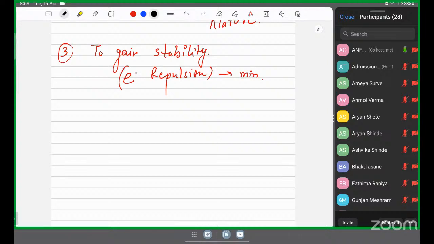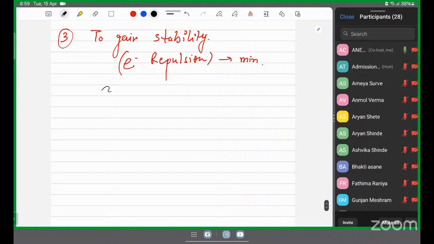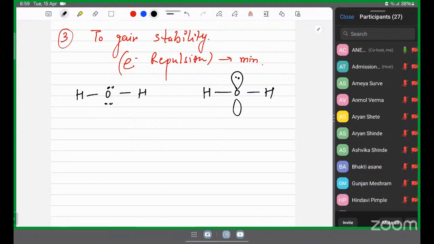Let's say H2O. H2O is H bond O bond H with two lone pairs, right? So if we look at the structure of H2O, in this case I am drawing it as straight, but the correct structure of oxygen is, due to these lone pairs, there will be repulsion between lone pairs and bond pairs.